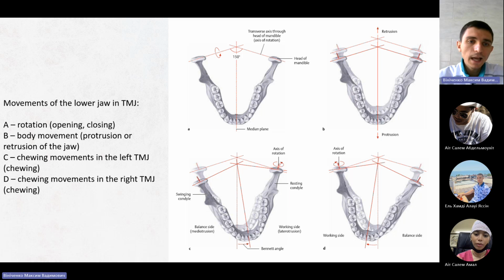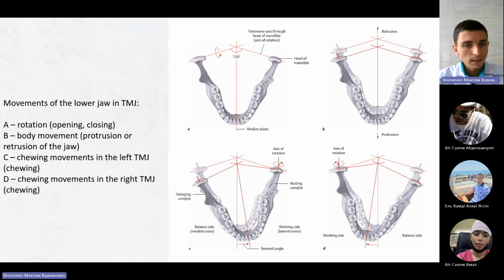Here is the Bennett angle. It is the angle between this median plane in normal and this plane when we move our lower jaw to the right or left, for example. So here is the movement, but in the other direction.